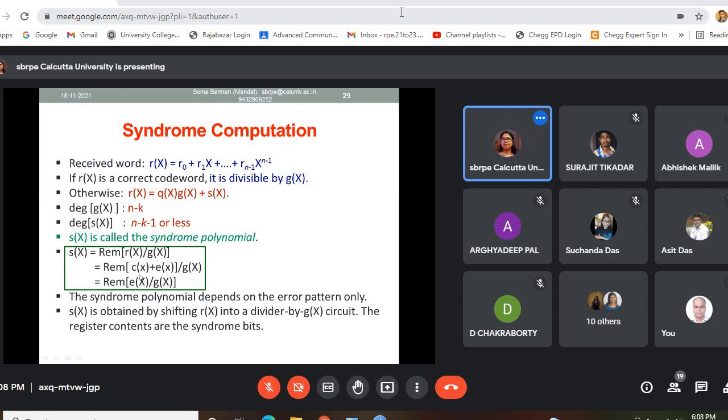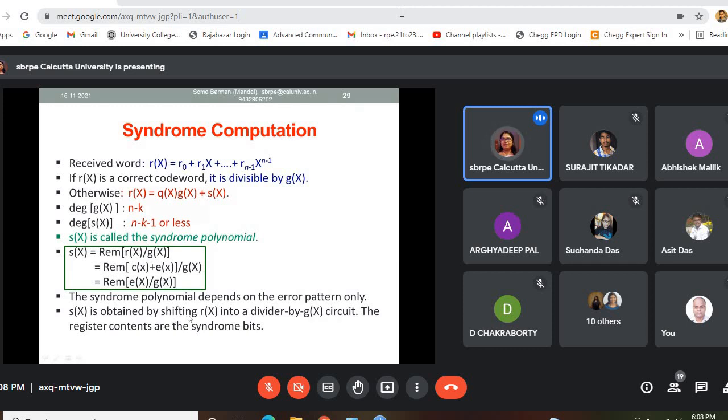This part cancels out, so you are getting only the Ex by Gx. This remainder gives you the Sx. Here also you have to divide the received code word vector by Gx. The syndrome polynomial depends on the error pattern only.